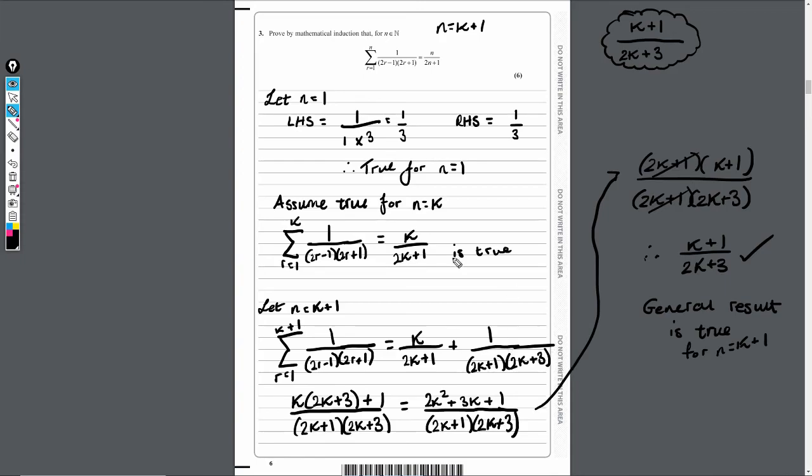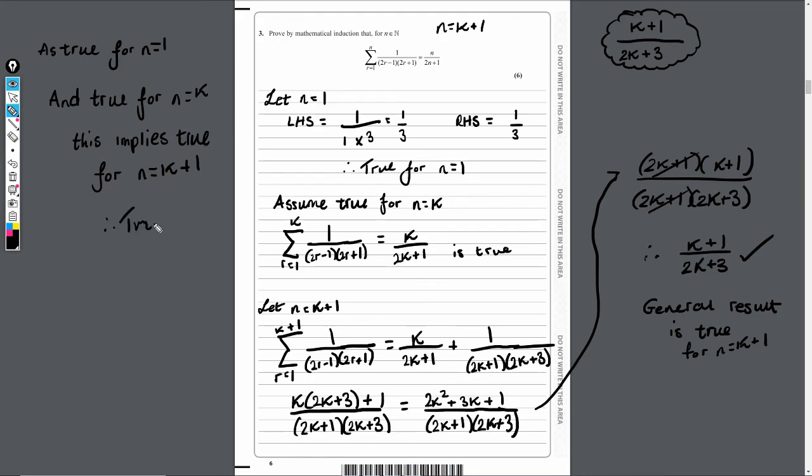As this is true for n equals 1, and we assumed it was true for n equals k, and true for n equals k implies that it is true for n equals k plus 1, therefore it's true for all n that belong to the naturals.